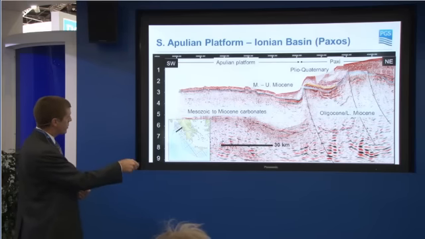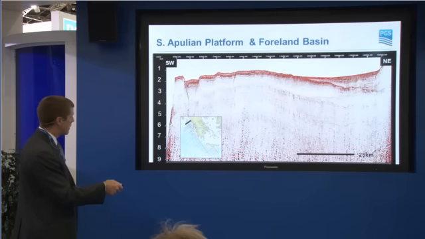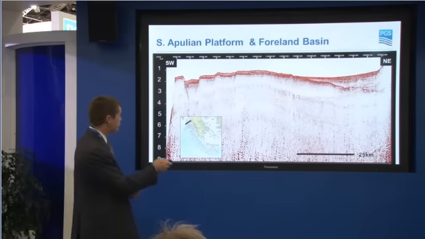Off the edge of that margin, there's a small fallen basin, and then you can see the flexed Apulian platform out towards the southwest. The next line is a little further north.